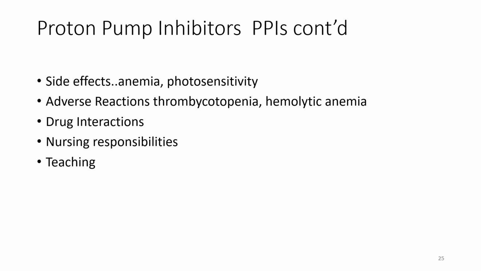Some proton pump inhibitors, specifically, I think omeprazole is the one that has a tendency to affect the pancreas the most. It basically affects the secretion of amylase, and therefore it results in an acute attack of pancreatitis.